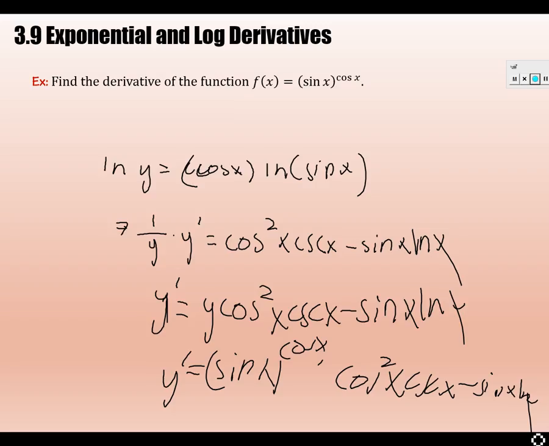I mean, you may be getting credit right now, but on a test or quiz, for those who can't read this, this is sine x to the cosine x times cosine squared times, I think that's supposed to be a sine, or no, cosecant? And this is minus sine x ln sine x.